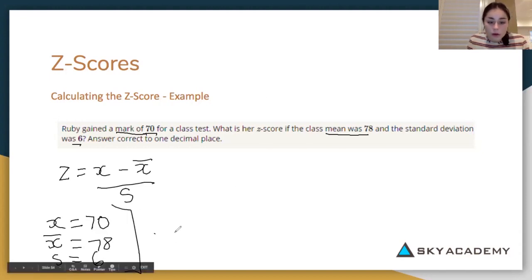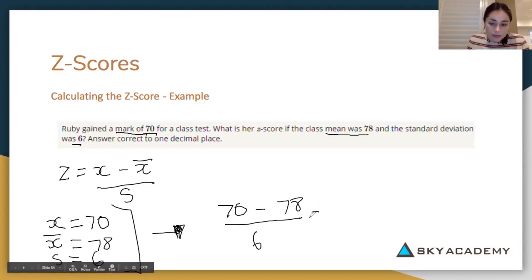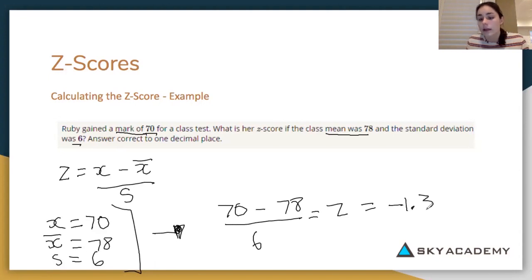Now we can sub that into our formula. 70 minus 78 over 6 equals our Z-score, which equals negative 1.3. You just pop this into your calculator and it'll give negative 1.3, which indicates that a mark of 70 is 1.3 standard deviations below the mean.